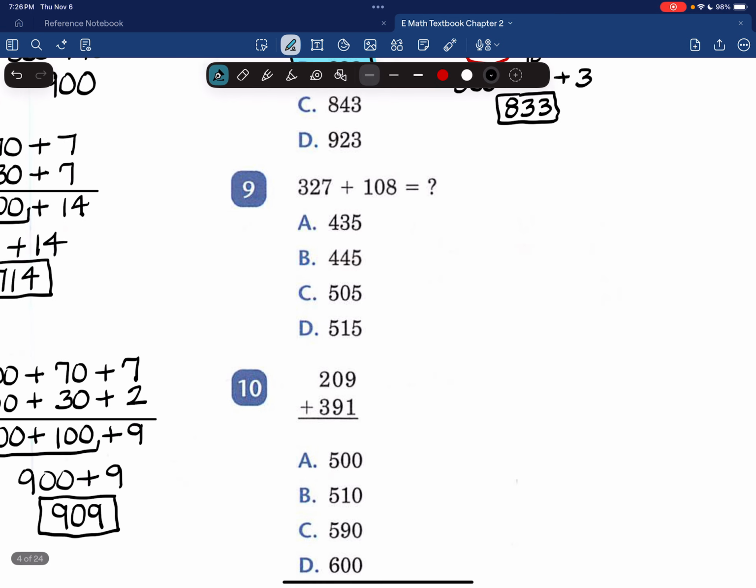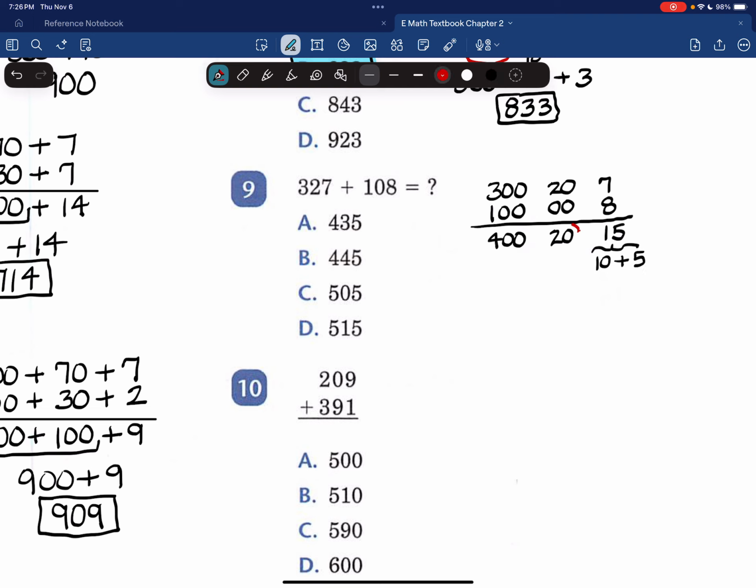Number 9, I have 3 hundreds, 2 tens, and 7 ones. 100, 0 tens, and 8 ones. So we would have 400, 2 tens, and 15. So we can rename right here. We get a 10 and a 5.